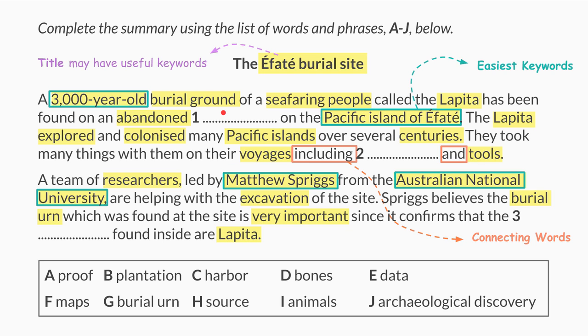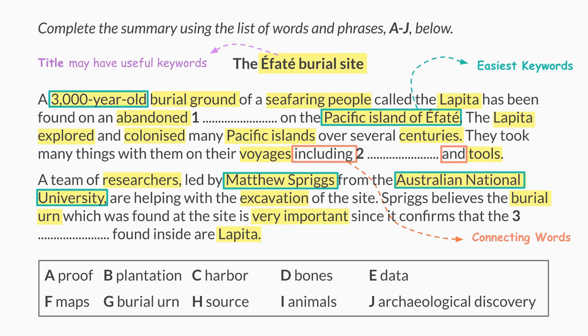I'm going to start off by first answering question number 1, because we're going to assume, and let me put out a hypothetical imaginary scenario. Imagine that I marked these keywords in the summary questions, and then I went and I did my easy questions first, the questions that go in order.